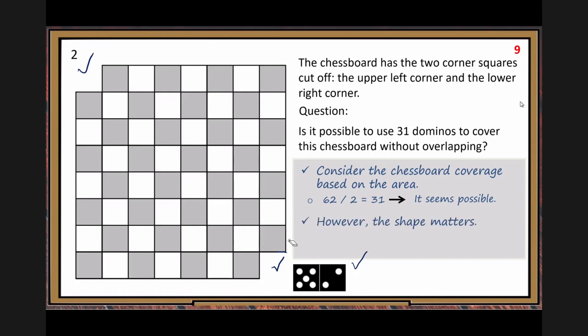But there is the shape consideration. Here, you only did the area consideration. When you see the possibility, you use the area consideration, but you also need to use the shape consideration. That could be different.